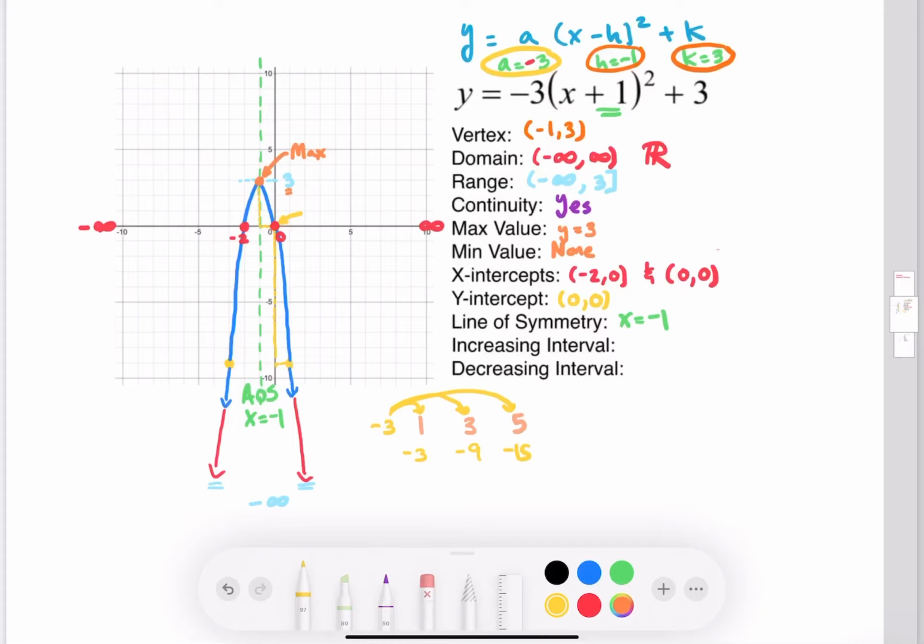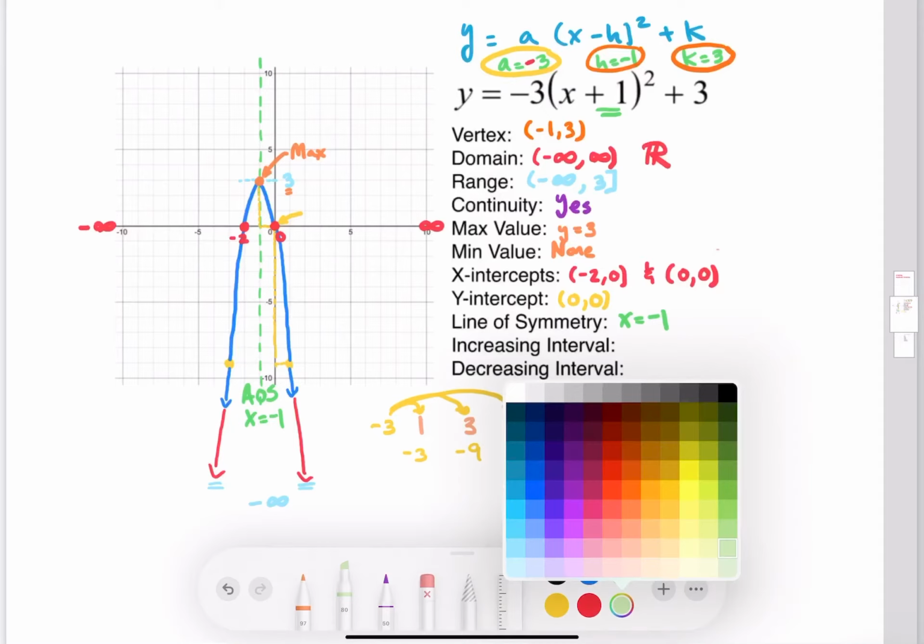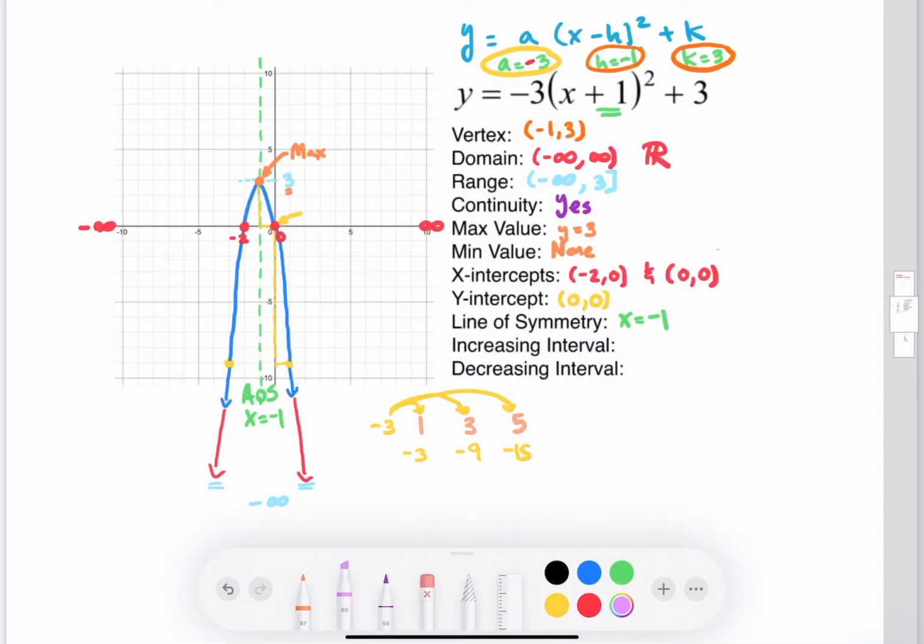So the interval means from what point to what point is our graph increasing and from what point to what point is our graph decreasing. Now we always read a graph just like how we read a book. If I take a look at a book, I'm going to read it from left to right. So if I'm reading this graph from left to right, starting all the way to the left, I'm going to go in an upward direction.